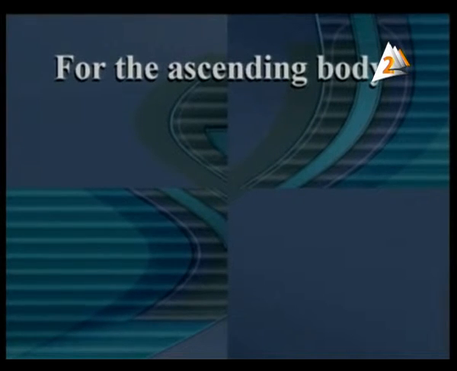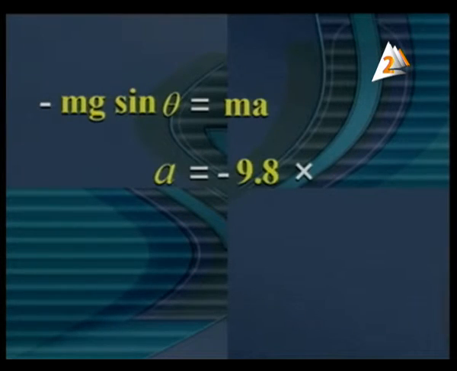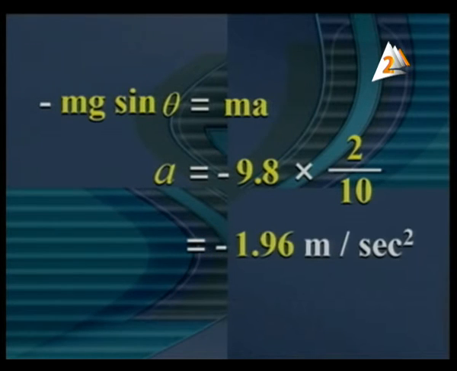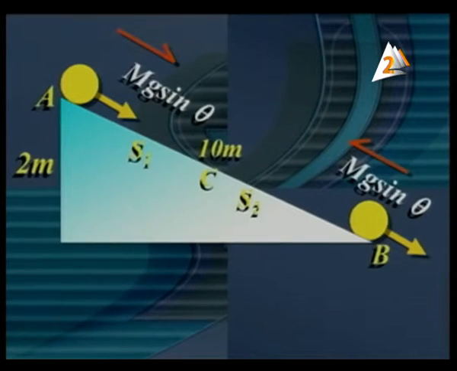But for the ascending body, negative mg sine theta equals ma. Therefore, a equals negative 9.8 times 2 over 10, which is negative 1.96 meters per second squared.